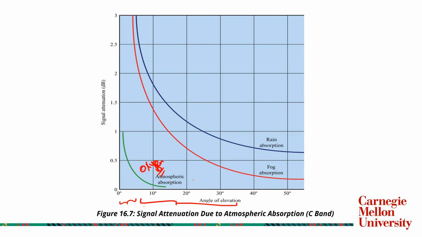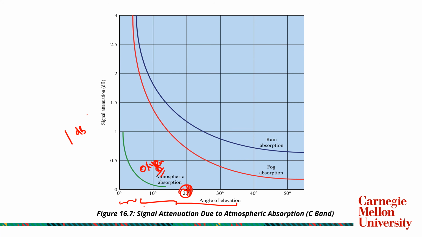To reduce them, you go to a higher elevation angle. Even at an elevation angle of 20 degrees, we don't even need to think about atmospheric absorption. It is really small.